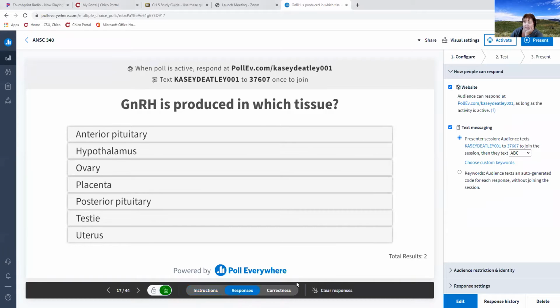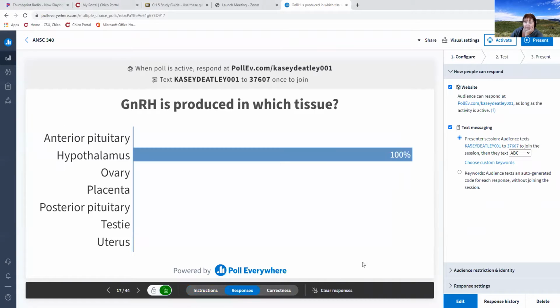Okay, so let's see what the responses were here. Hypothalamus, and you are correct. Hypothalamus is absolutely where gonadotropin releasing hormone is produced, and Caleb was right, it is produced in the cell body of the neurons, the GnRH neurons.